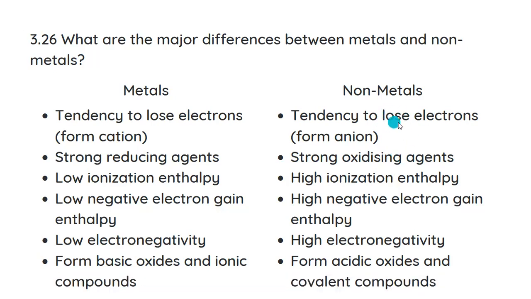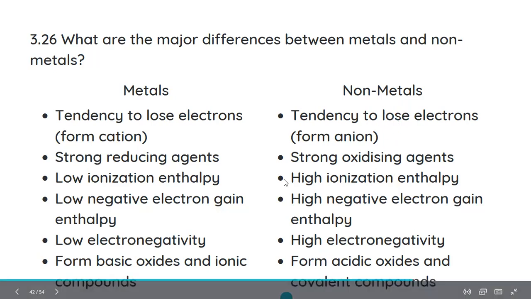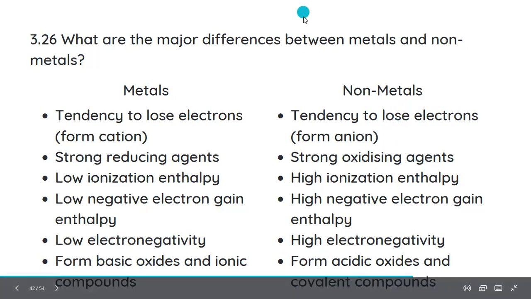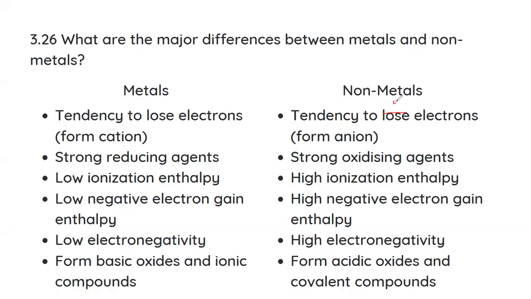One more important thing: the tendency shown earlier should be the tendency to gain electrons for non-metals. So they form anions, and metals form cations. In the next video, we will be discussing the continuation of the NCERT questions.